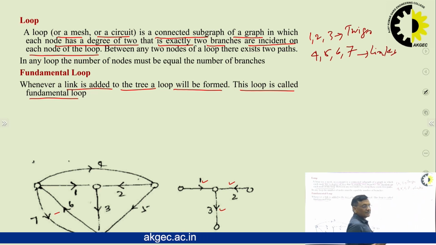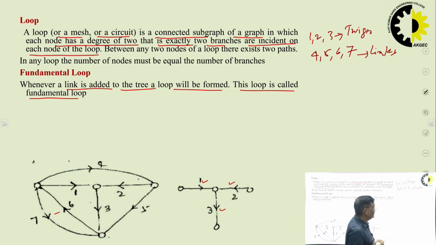So the branches removed in the formation of a tree are called links. How many links are there? There are 4 links.